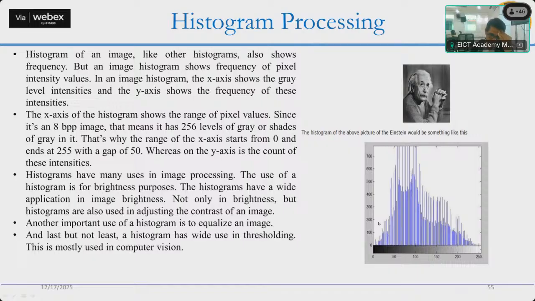On the y-axis, it is the frequency, that is, how many times it is repeated. The key thing here is that histograms have wide application in image brightness. Not only in brightness but also in adjusting the contrast of an image.